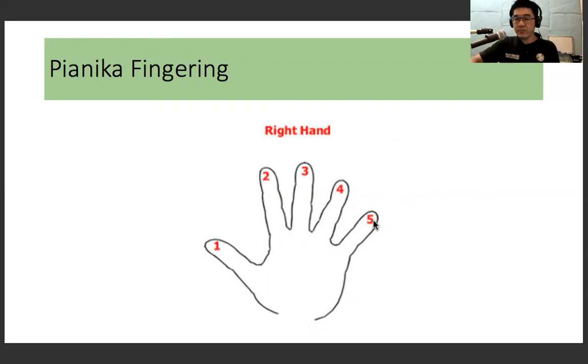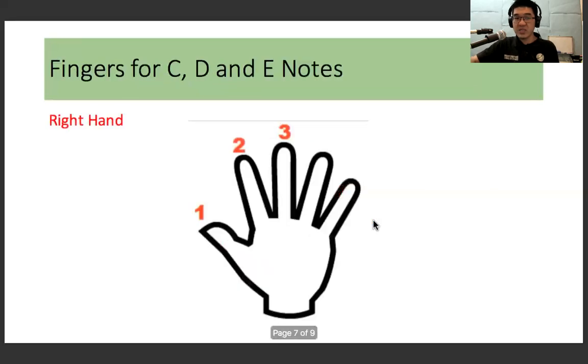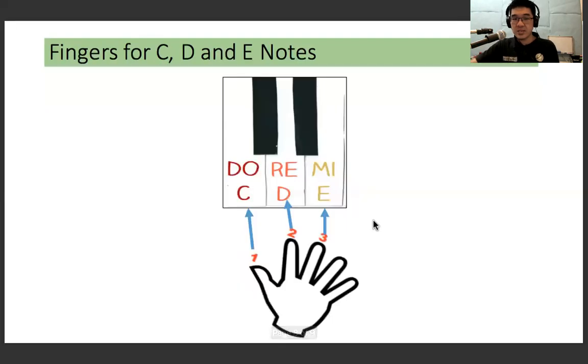Remember that. For your first three notes, C, D, and E, we are going to use these three fingers here: finger number 1, number 2, and number 3. Thumb, index, middle. So this is how we use this.